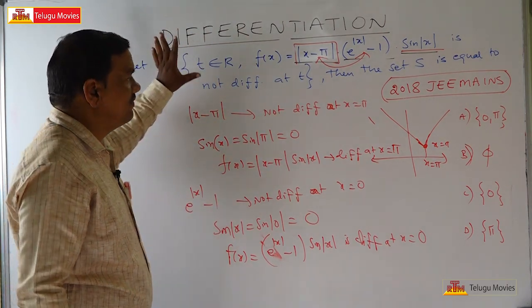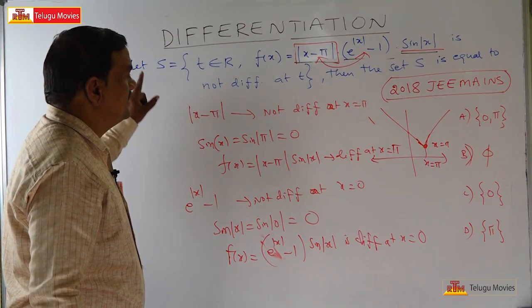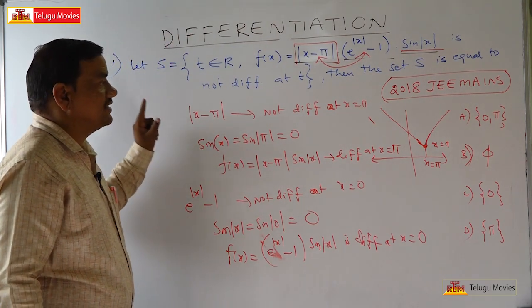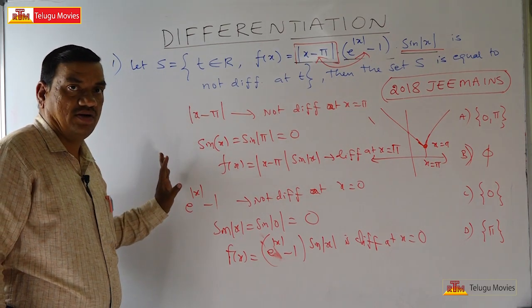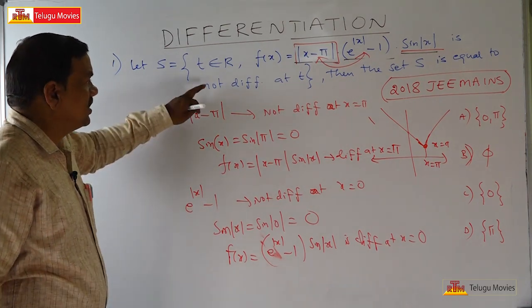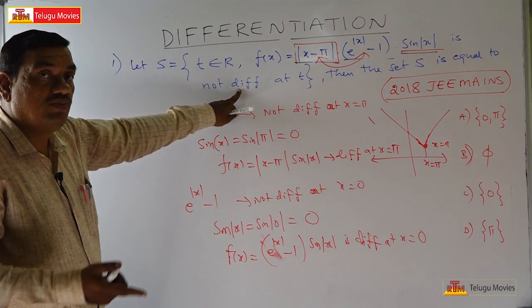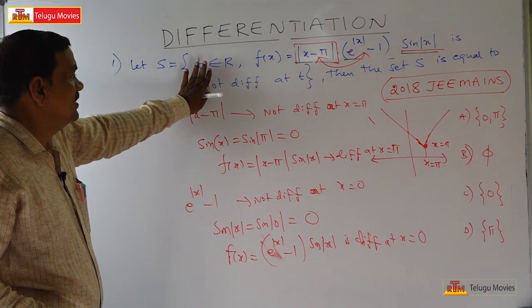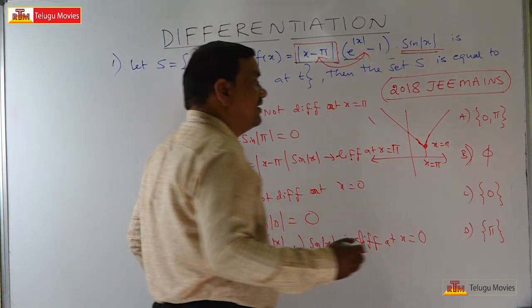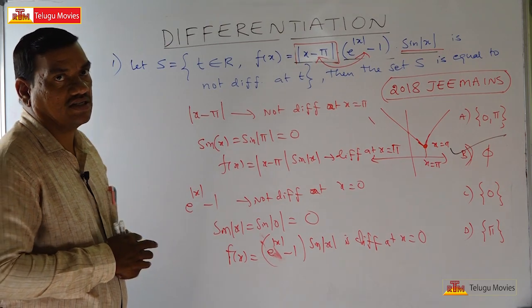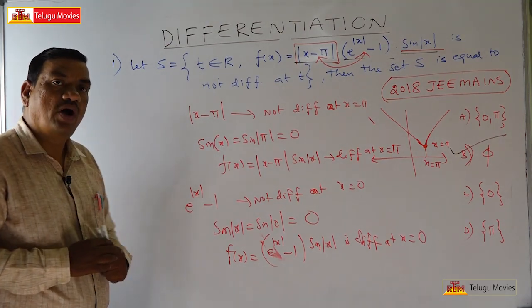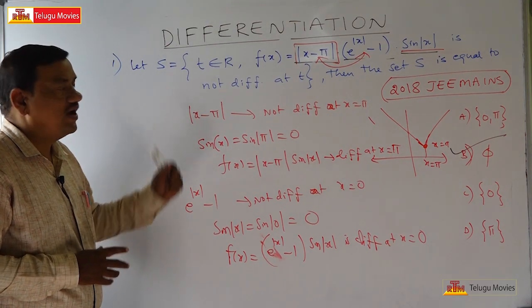That means it is differentiable at x equal to 0 and x equal to pi, and somewhere else also. He is saying not differentiable at t, but therefore this set does not contain any element. Therefore, option B is your correct answer. Okay? I hope that you understand this solution. So, let us go for the next problem.